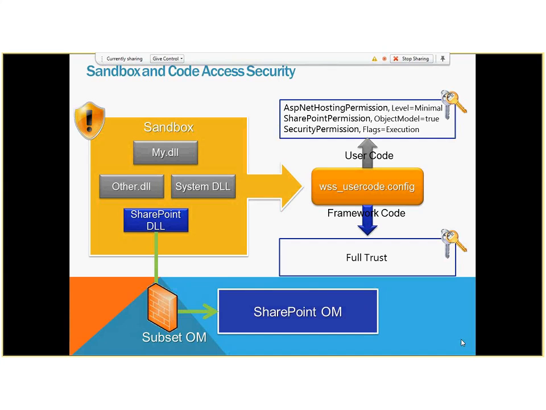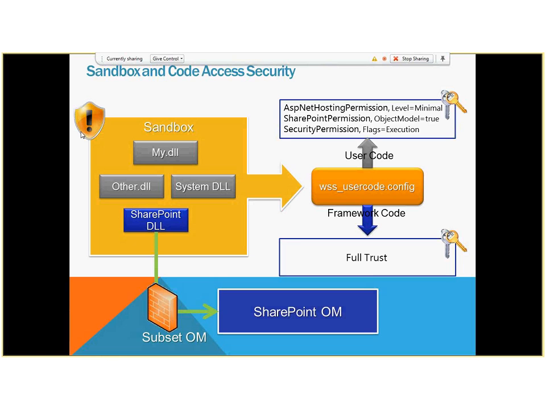So this slide talks about how a typical sandbox solution is processed with respect to the code security policy. The way it works is, the sandbox assemblies or sandbox solution is partially trusted by default, and once we need to reach out to the external world or external objects, we will be creating a full trust proxy.